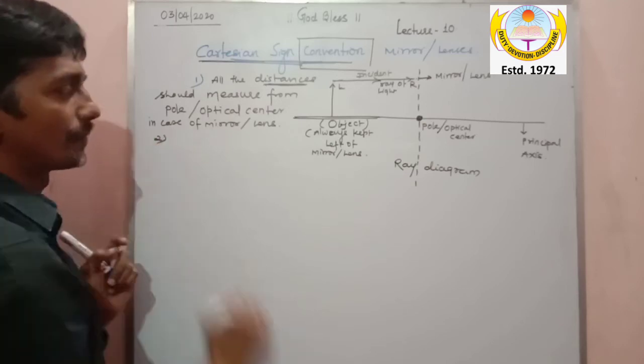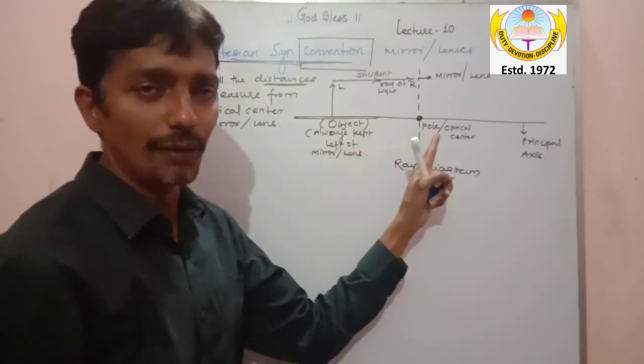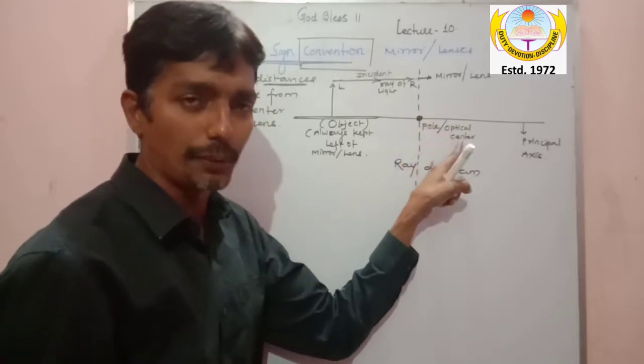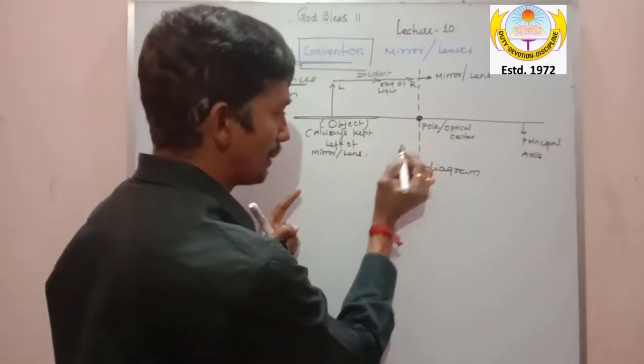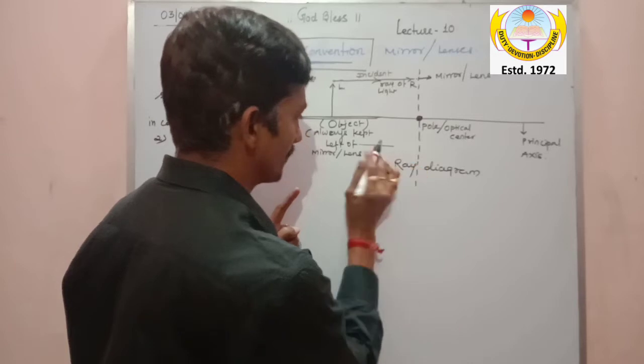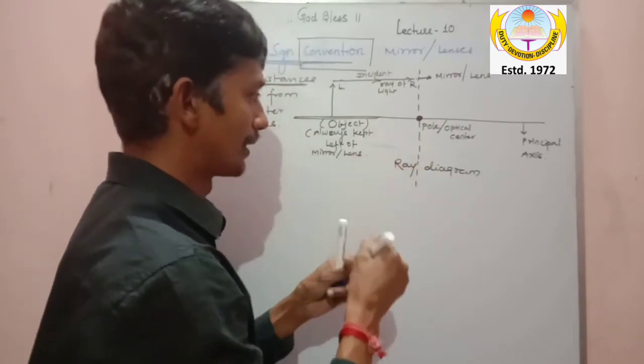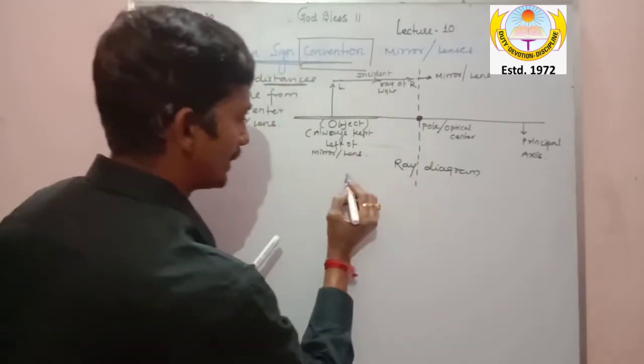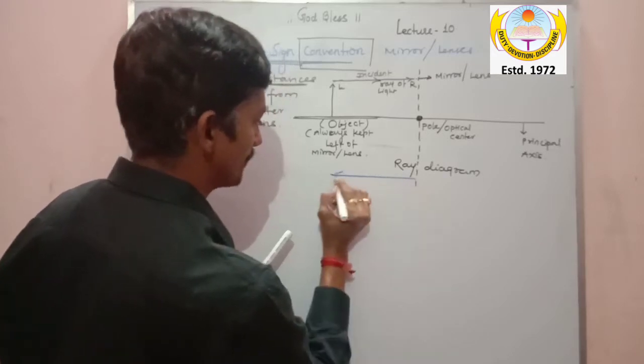Second point. As I said, you will measure the distance from the pole or optical center. Suppose I measure the distance in this direction, here I am doing with the blue pen.